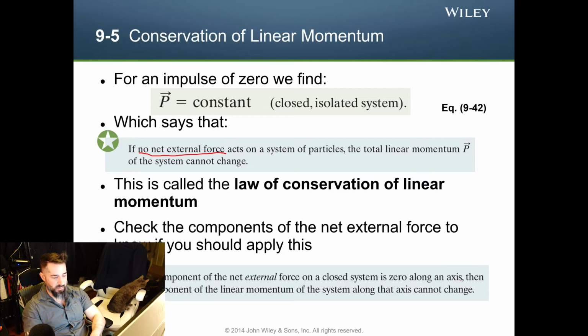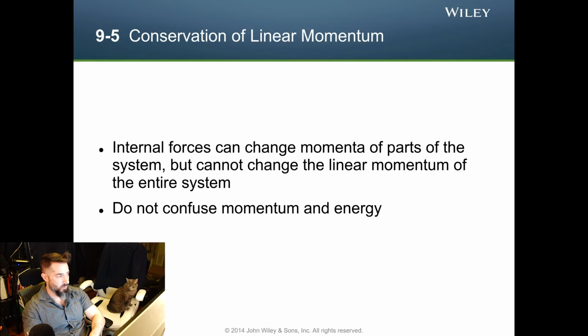And again, you need to look at this situationally between the linear components of x, y, and z individually. The internal forces can change the momentum inside, but again, you're not changing the total conservation. The total inside the system must be conserved.